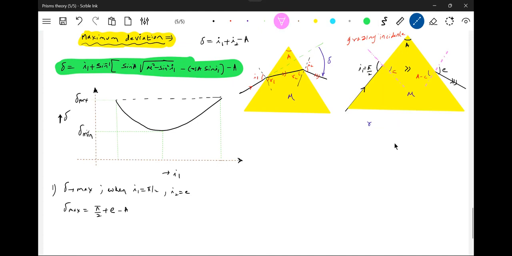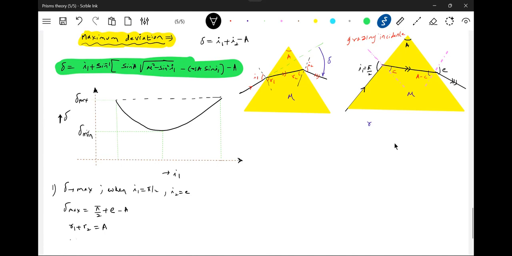I will redraw it. Okay, so R1 plus R2 is equal to A. Look at the diagram. Looking at the diagram, R1 plus R2 is equal to A. Then I'll do one thing. I will write all these things nearby. Later on I'll bring it.